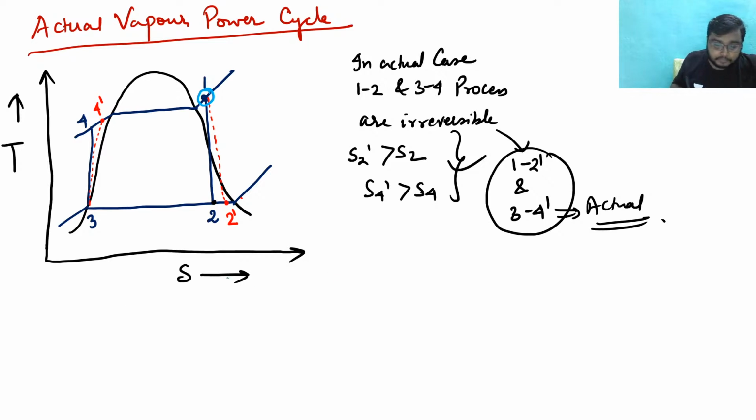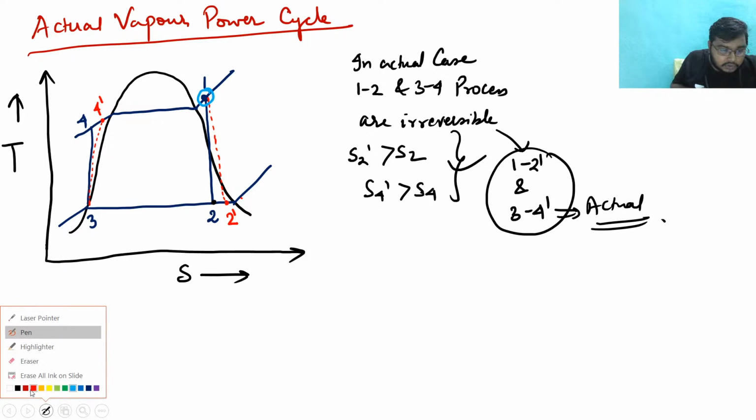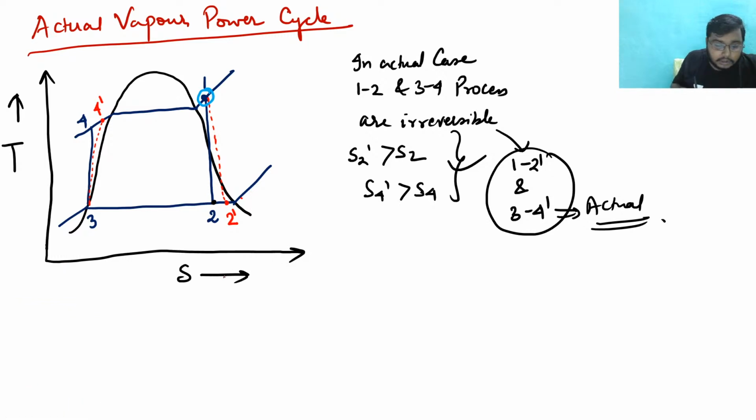Now see, if I talk about the work done by the turbine, what will be the work done by the turbine? This is the arrow, so in this way the process is happening. What is the work done by the turbine in the new case?